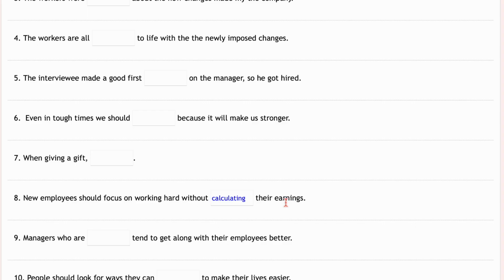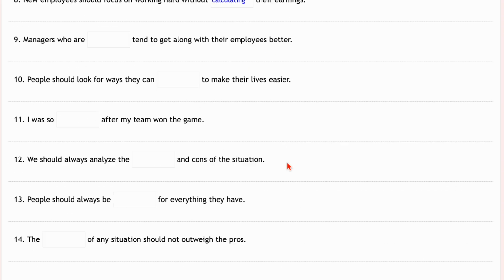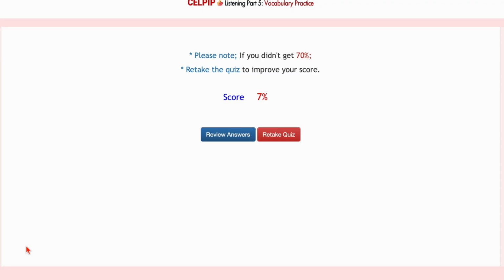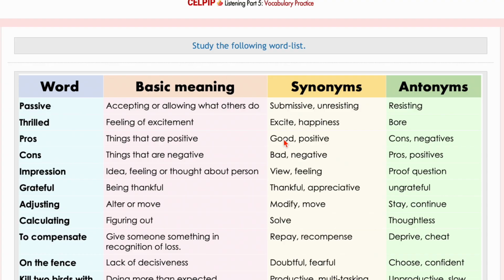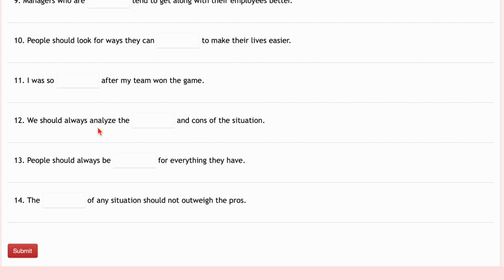So you put that word in there, and then afterwards you submit, you check, and look, oh, I got it correct, but I only got 7%. I need to try to get at least 70%. Very great exercise to help you build your vocabulary, and then you should do all the sentences, everyone.